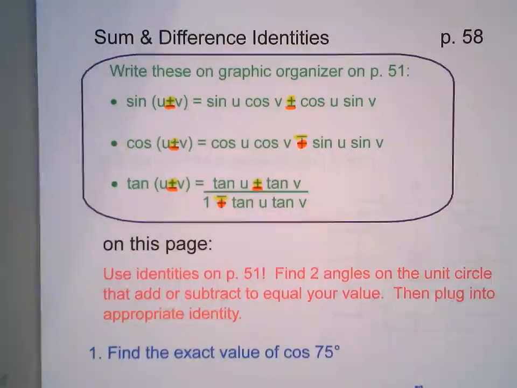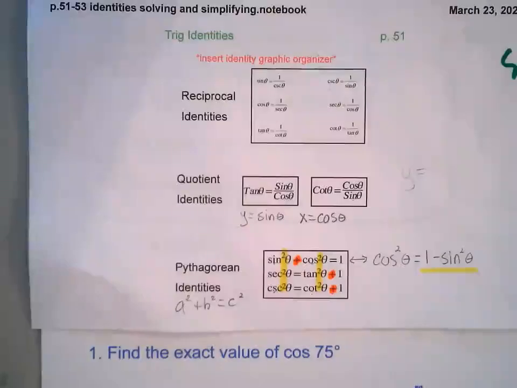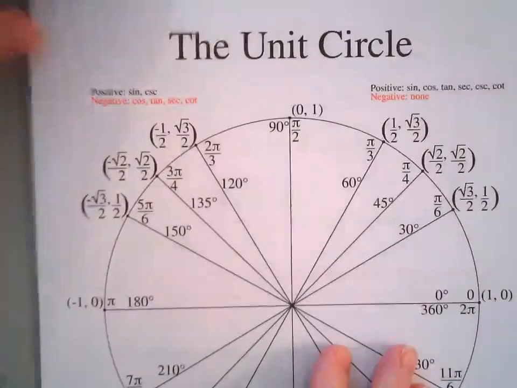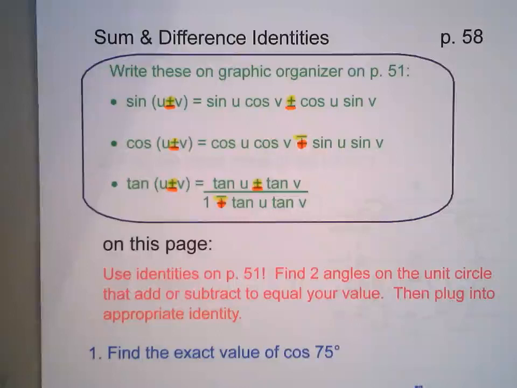Something else you're going to want to have nearby, as usual, are the other identities. You want to keep these handy, as well as a good unit circle. Now, I'm going to have a not so good unit circle. As we do these problems, you can probably see through the page, I have a small unit circle right there. It's not very easy to see. So the bigger, better unit circle you have in your notebook, the better this is going to work.